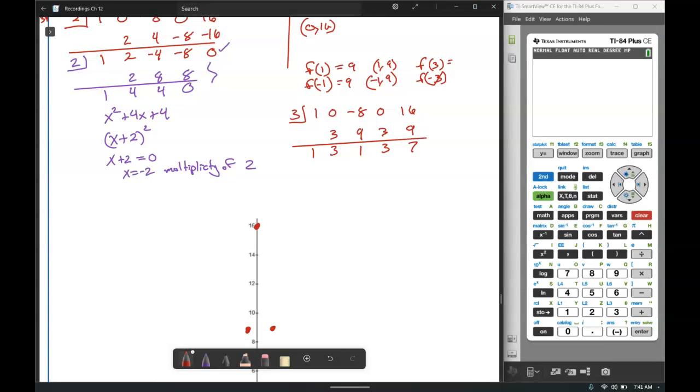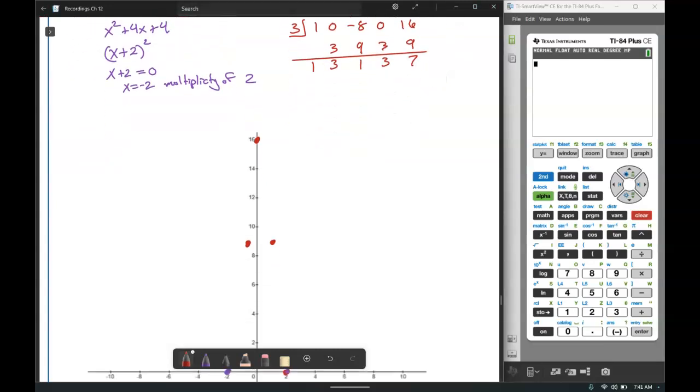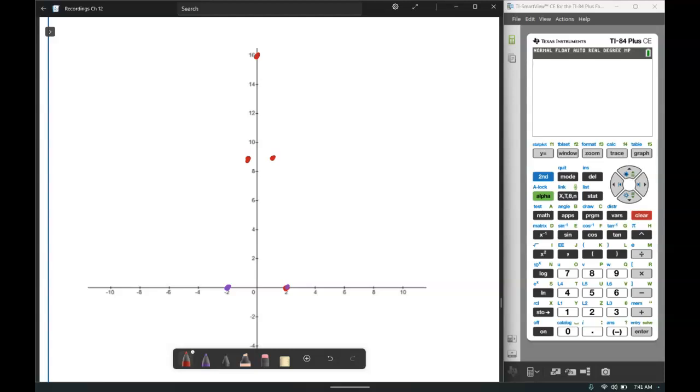And so f of 3 equals 7. So we have the point at 3, 7. And we're going to have that symmetry on the left as well if we checked it with synthetic division. It's going to be symmetrical.